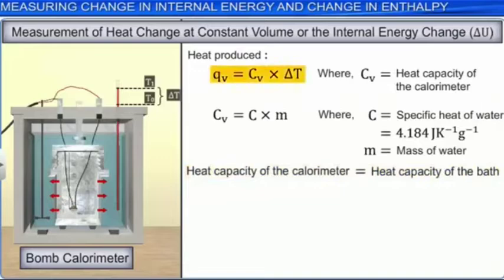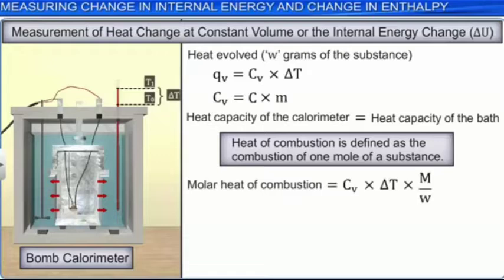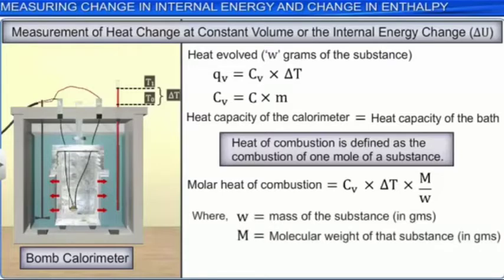This QV expressed above is the heat evolved when combustion of W grams of the substance takes place. Since heat of combustion is defined as the combustion of 1 mole of a substance, therefore, the expression for molar heat of combustion becomes: molar heat of combustion = CV × delta T × M/W, where W is the mass of the substance taken and M is the molecular weight of that substance.